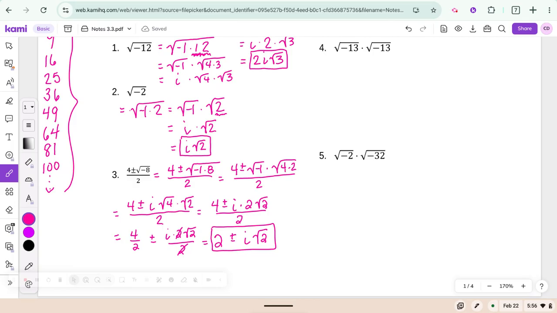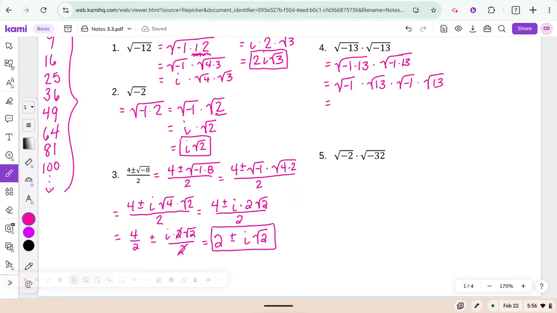Now, when I'm taking the square root of two things that are negative, I can think about this as the square root of negative 1 times 13 times the square root of negative 1 times 13. I can separate these: the square root of negative 1, the square root of 13, the square root of negative 1, and the square root of 13.